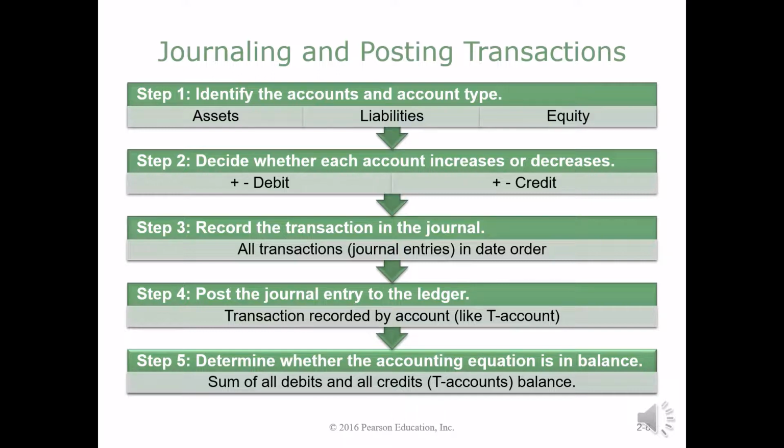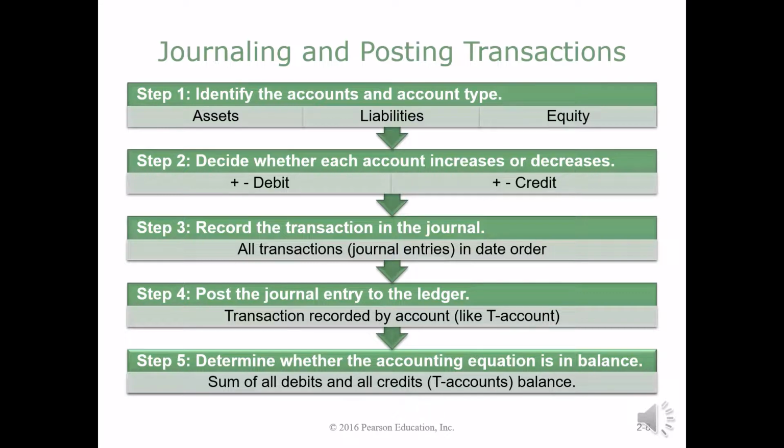Step 2, we need to decide whether each account that's being affected, and we always have at least 2 accounts affected, is increasing or decreasing. So we need to understand that if it's a normal balance of a debit, we're going to be debiting that account in order to increase it.